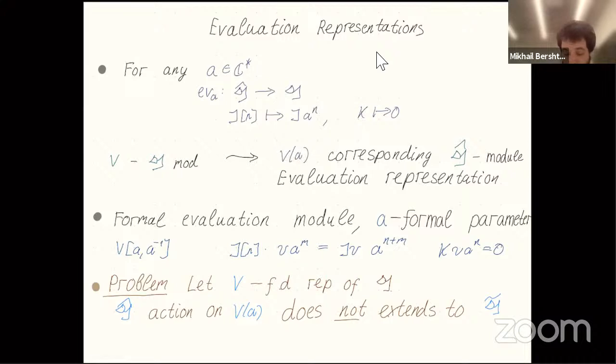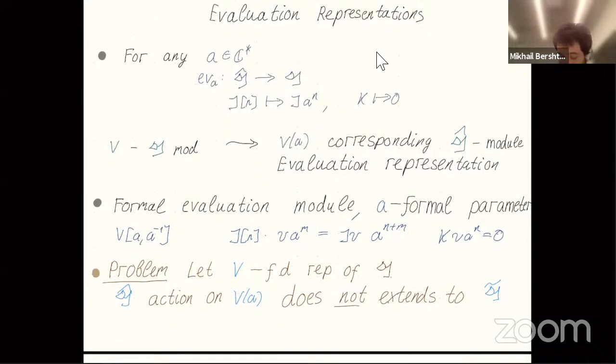If you want to also impose the action of d on this representation of g hat, to make it a full Kac-Moody algebra, then it is impossible to define the action of d on the evaluation representation where a is a complex number, but for the case of formal polynomials, this extends.